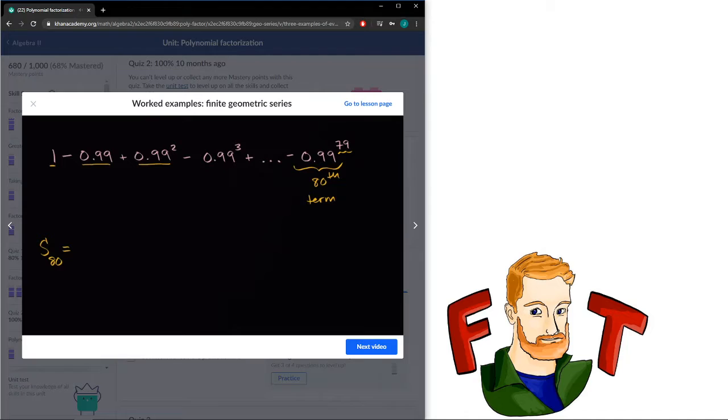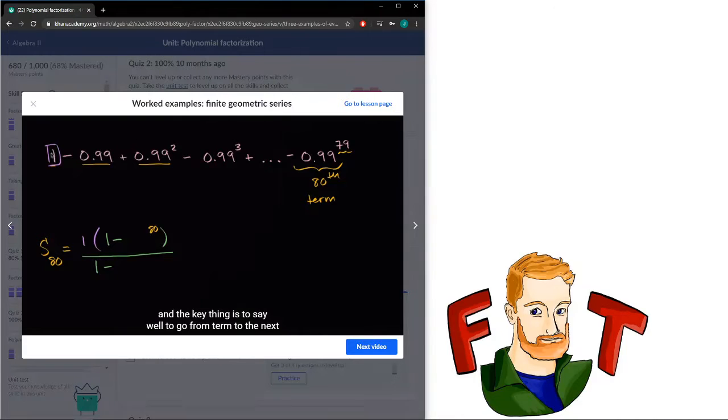And so this is going to be equal to our first term, 1, times 1 minus our common ratio to the 80th power, all over 1 minus our common ratio. At first, you might say the common ratio here is 0.99, but notice we have a change in sign here.